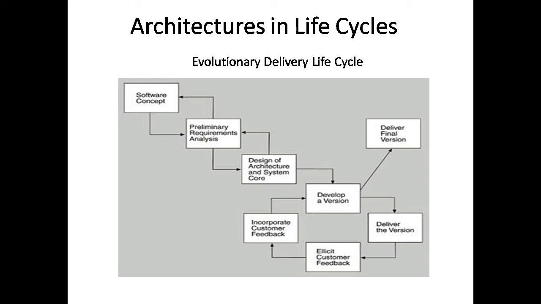When this particular version is launched, it is given to the customers again for feedback, and after completing this, it is launched into the market or delivered to the customers. So this is the evolutionary delivery life cycle.